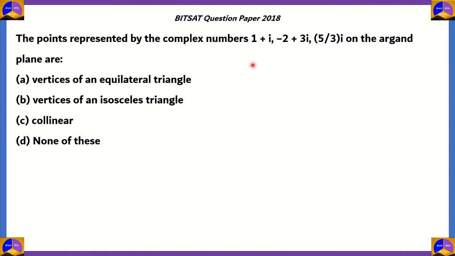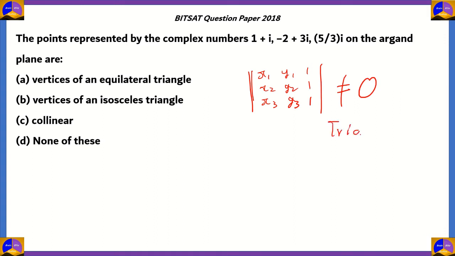So in order to solve this question, we need to prove that the determinant with rows x1 y1 1, x2 y2 1, x3 y3 1 is not equal to 0 to get the vertices of a triangle, to prove that these points are the vertices of a triangle.